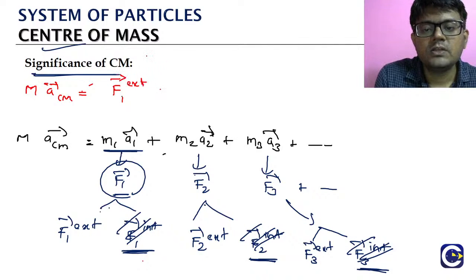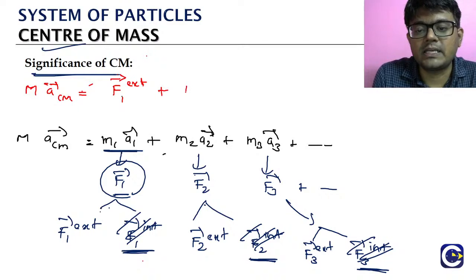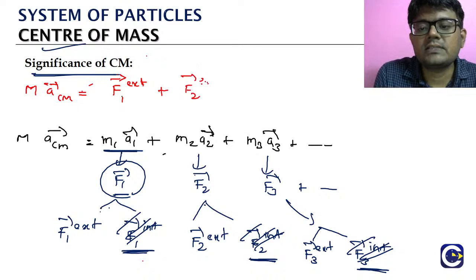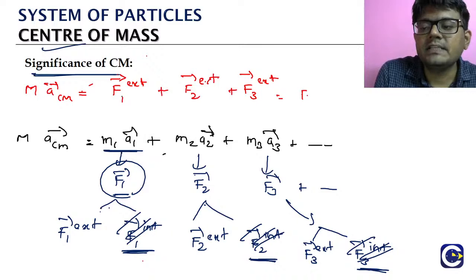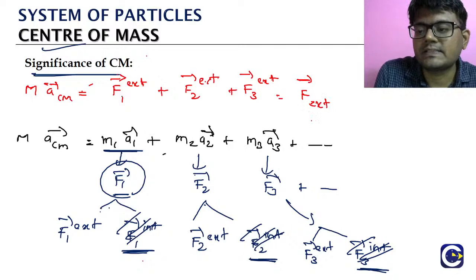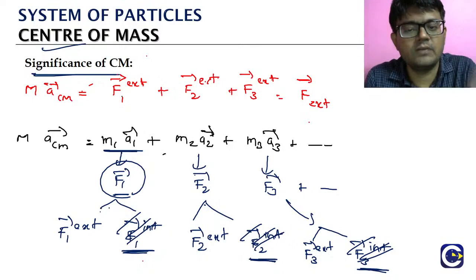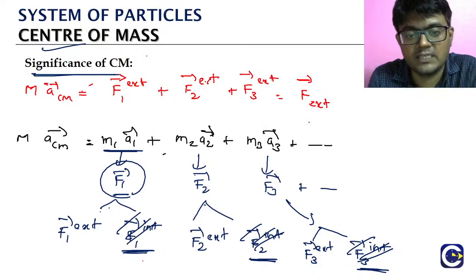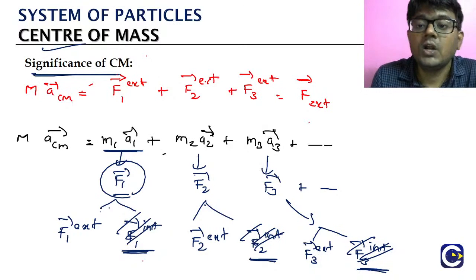So external force acting on particle 1 plus external force acting on particle 2 plus external force acting on particle 3. If we add all these, this is the total external force acting on the system of particles.